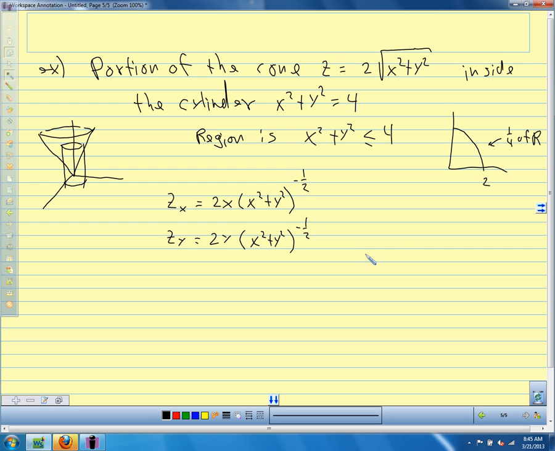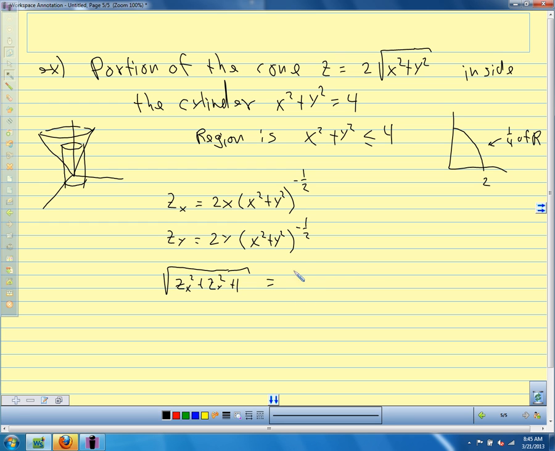And when we take our radical, we want to take the square root of z sub x squared plus z sub y squared plus 1. Now this doesn't look nice starting out.